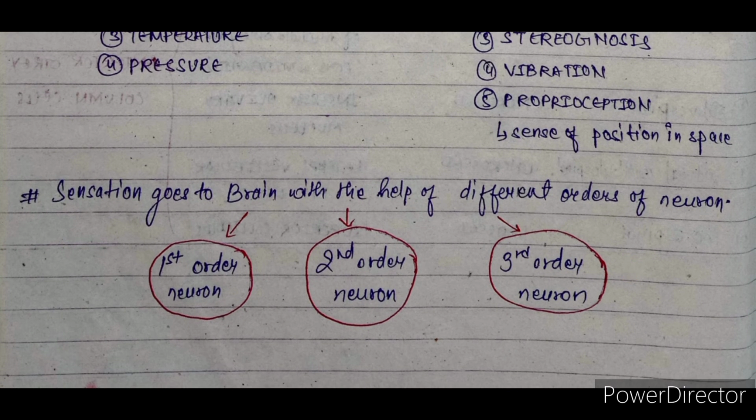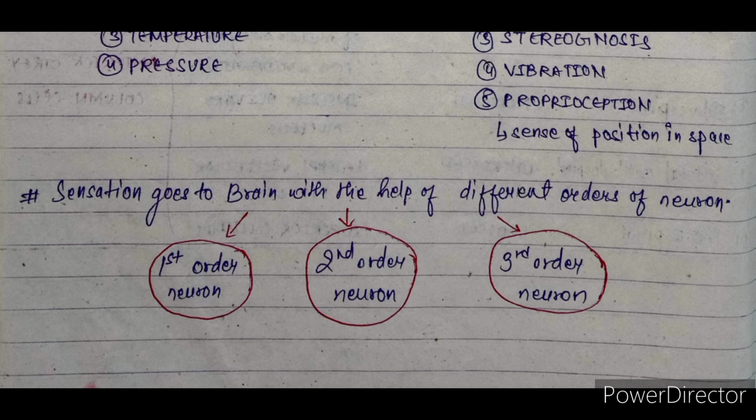So, the sensation goes to the brain with the help of different order of neurons, and there are 3 types of neuron, that is first order neuron, second order neuron and third order neuron.